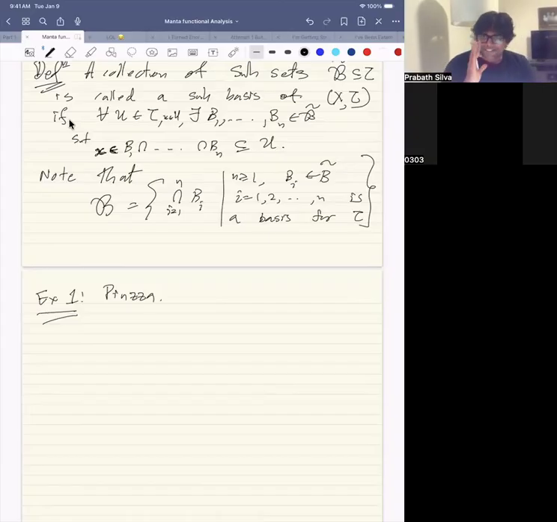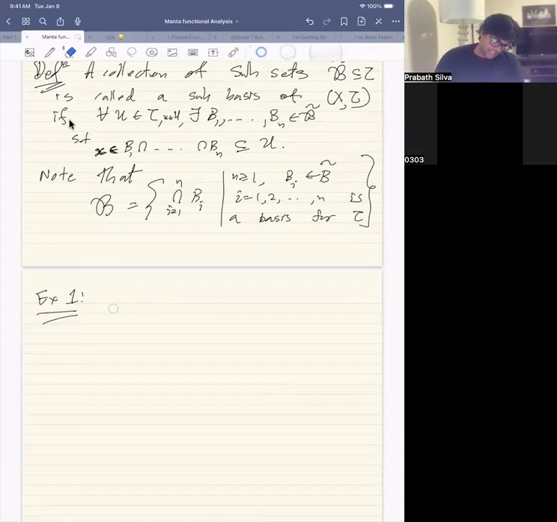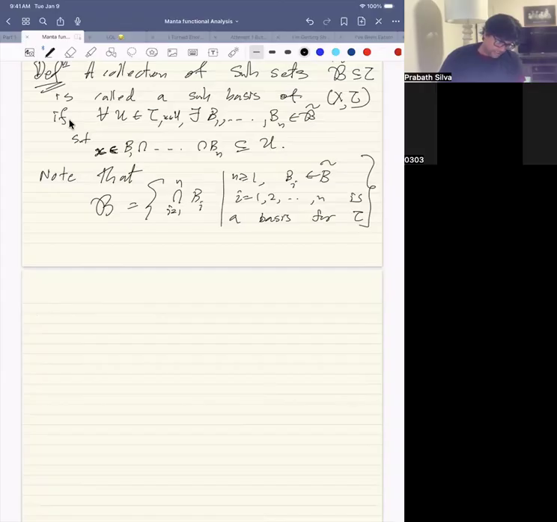Okay, so this is what I'm trying to do. Okay, so we have a topological space. Okay, so this is, let me draw it in here.